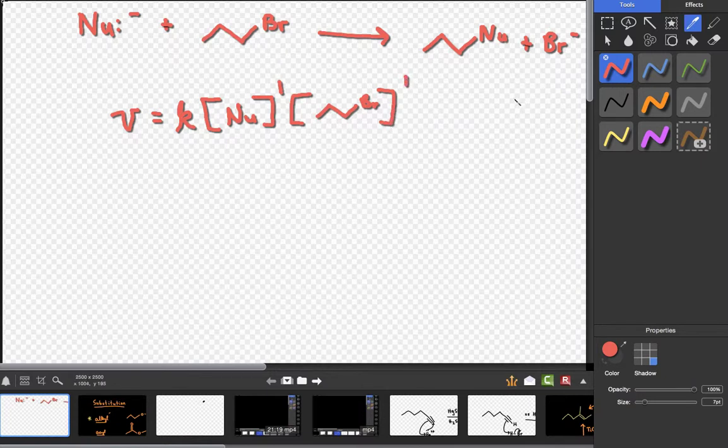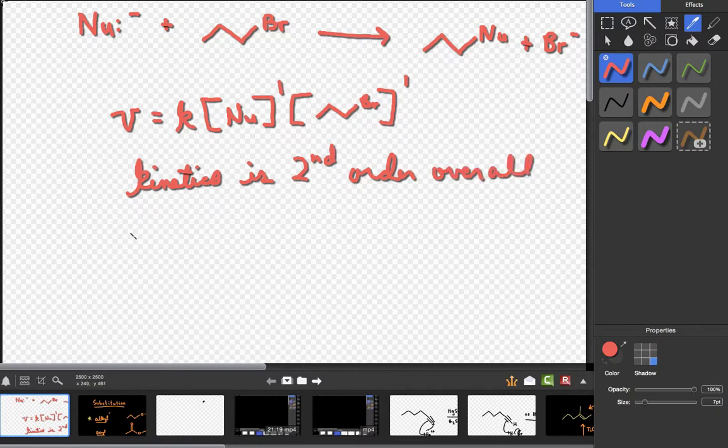In other words, it would be first order with respect to the nucleophile and first order with respect to the substrate. So the kinetics is second order, just add the exponents, overall.